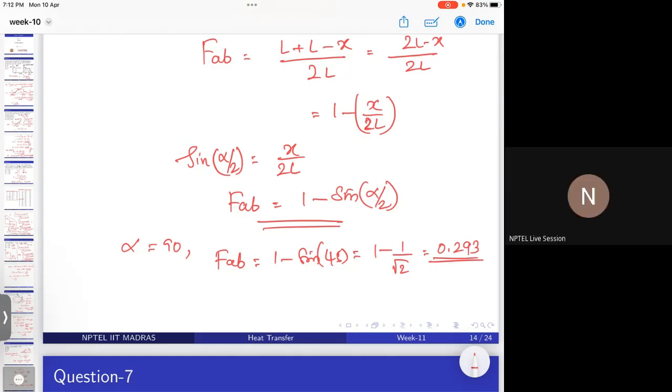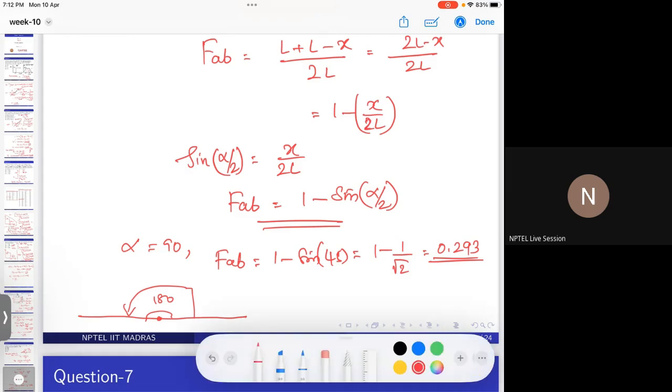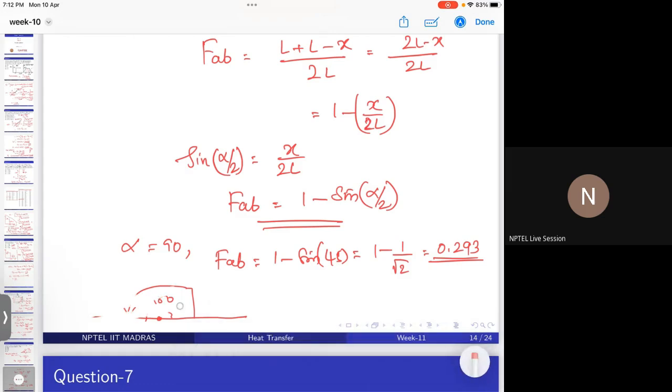What is the case at 180 degrees? The surfaces are not facing each other, so no radiation emitted by one will fall on the other. So the view factor will be 0. I hope you understood how it becomes 0.